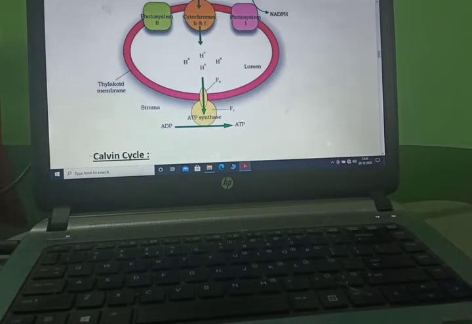Here you should understand this is the F0 and F1 particle, this formation of ATP happens in the mitochondria, and all this reaction takes place in the chloroplast. Release of hydrogen: when hydrogen is released by the chloroplast, it is accepted by mitochondria, where the F0 and F1 particles are there.